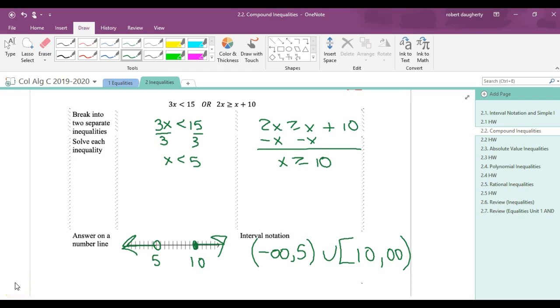Again, you work them as two separate problems. Places people make mistakes. These are arithmetic mistakes, okay? That's the kind of mistakes people make.